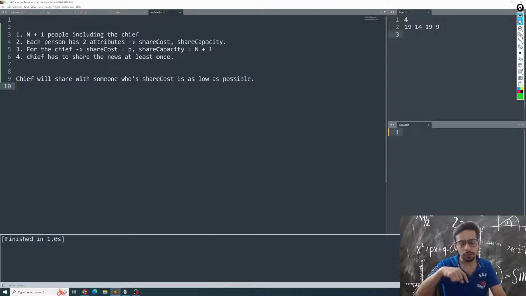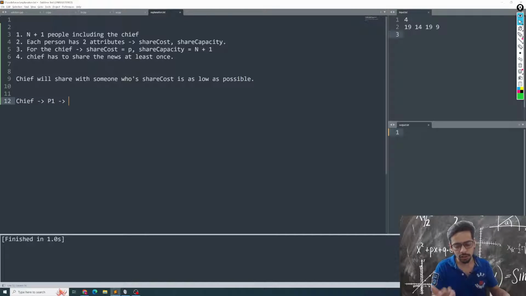And that person will further share it with another person whose share cost is as low as possible but might be greater than their own. So let's say the person with the lowest share cost is P1. Chief will be sharing the news with P1.